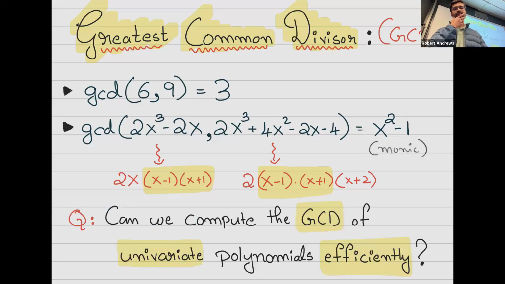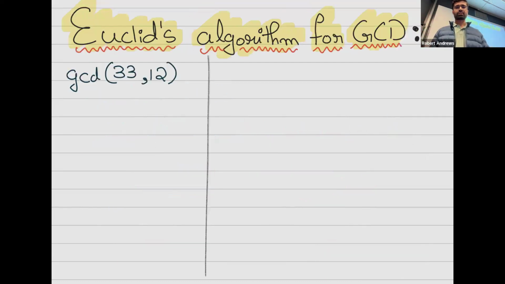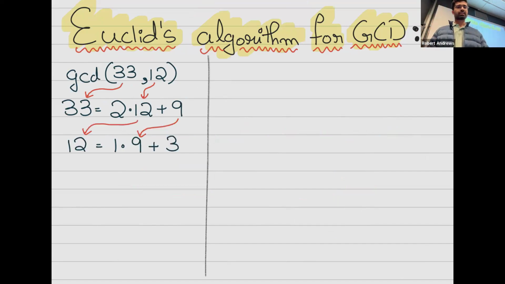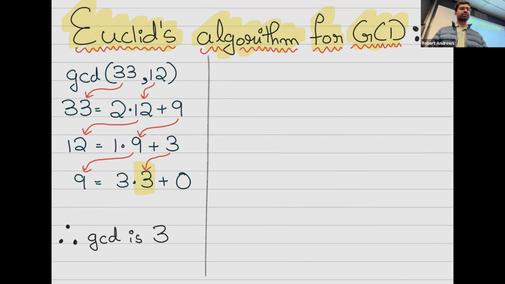Today's talk will be about, can we compute the GCD of two polynomials efficiently? This is a well-known thing, so just a quick refresher. We know Euclid's algorithm for GCD. For integers, what do you do? You apply division with remainder multiple times until you see a zero remainder, and the last divisor you see would be the GCD.